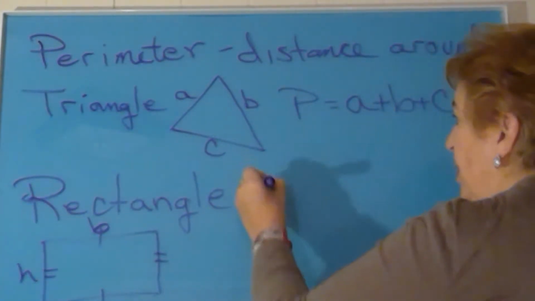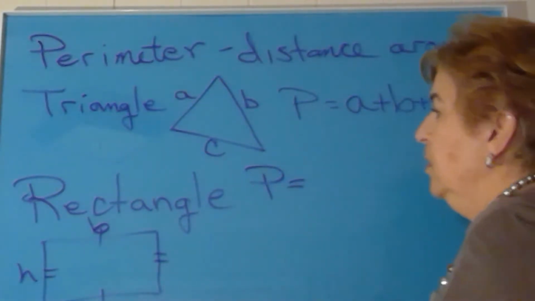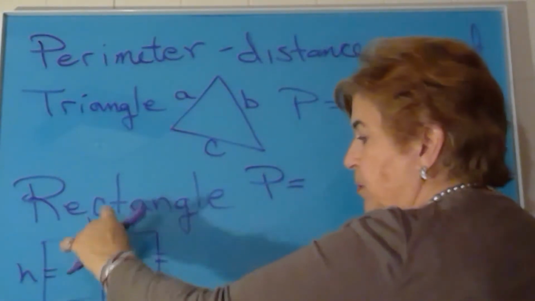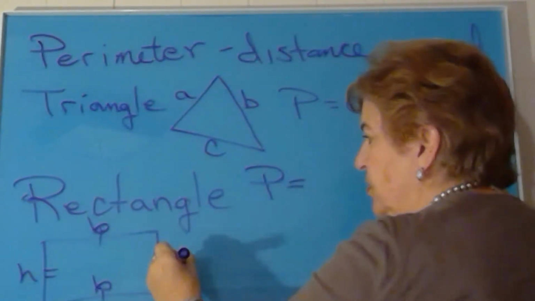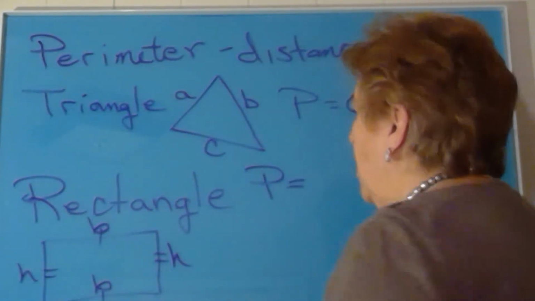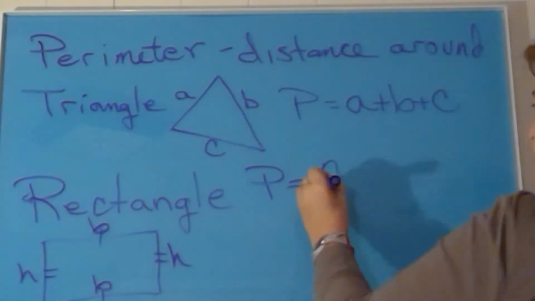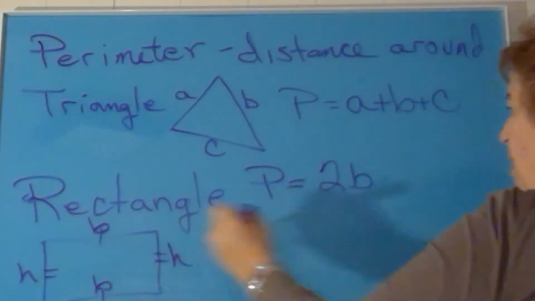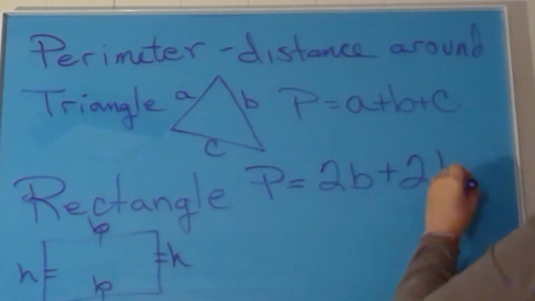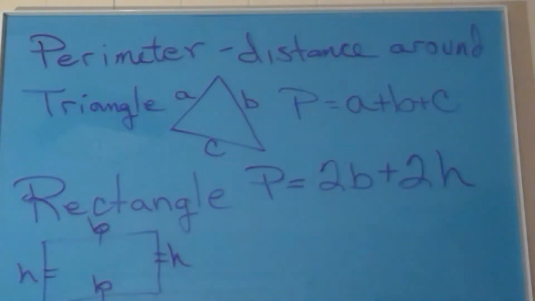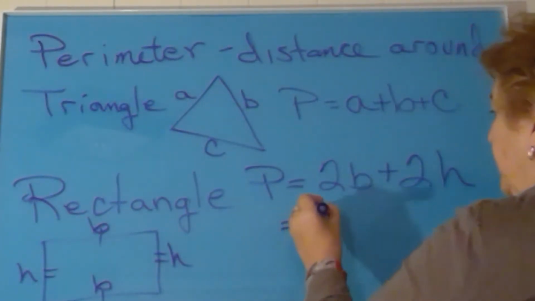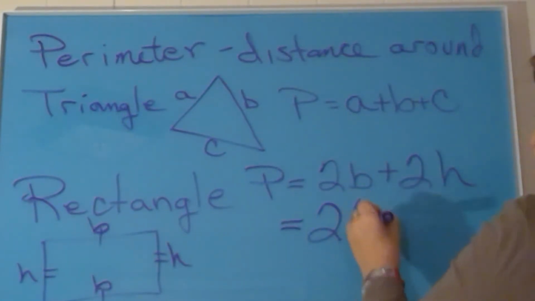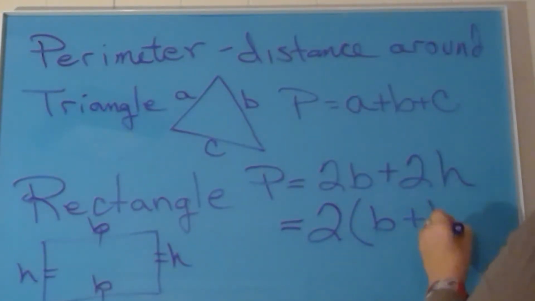So to find the perimeter, if that's B, this is B. If that's H, this is also H. So we would take 2 times the base, because there's 2 of them, plus 2 times the height. Another way to write that, and it's up to you which formula you want to remember, would be 2 times the base plus the height.